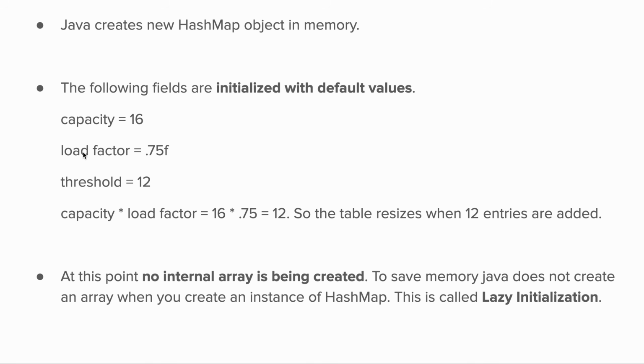So in case of resize, if the default capacity is 16, it will resize to 32. It will resize to double its current capacity, right? I hope you understood the meaning of what these attributes signify.